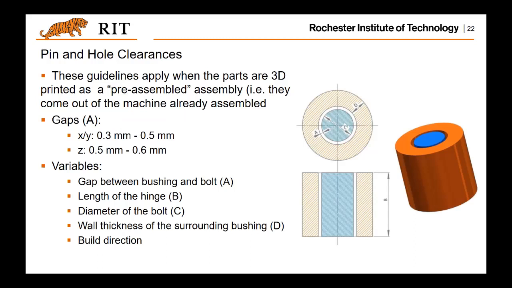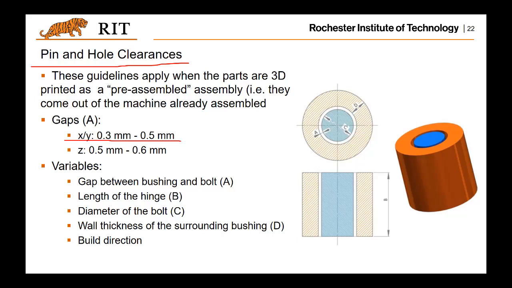And if the part you want to build using selective laser sintering has pins and holes, in order to make them printed successfully, basically the gaps of these pins and holes must satisfy this requirement.